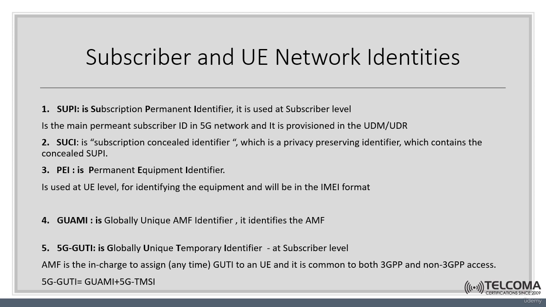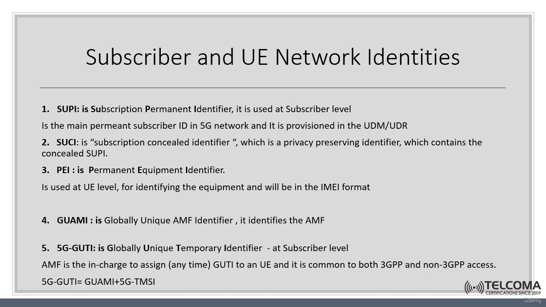The next identifier is the GUTI, which stands for Globally Unique Temporary Identifier, and it is used at the subscriber level. So the AMF, which is in charge of the subscriber, is responsible for assigning the GUTI to the user equipment.